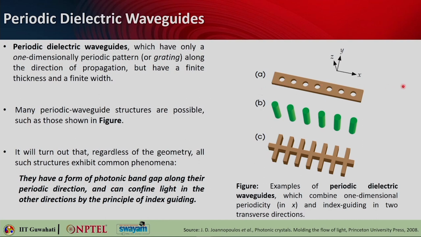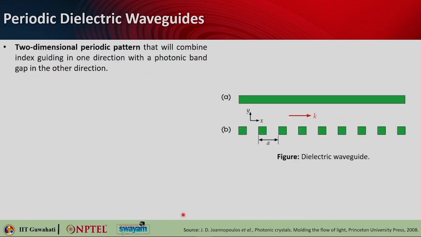Along the direction where they are periodic, they have a photonic band gap, and they can confine light in the other directions by the principle of index guiding. We can also look for two dimensional periodic patterns that combine index guiding in one direction with photonic band gap in the other direction. Examples are shown here.